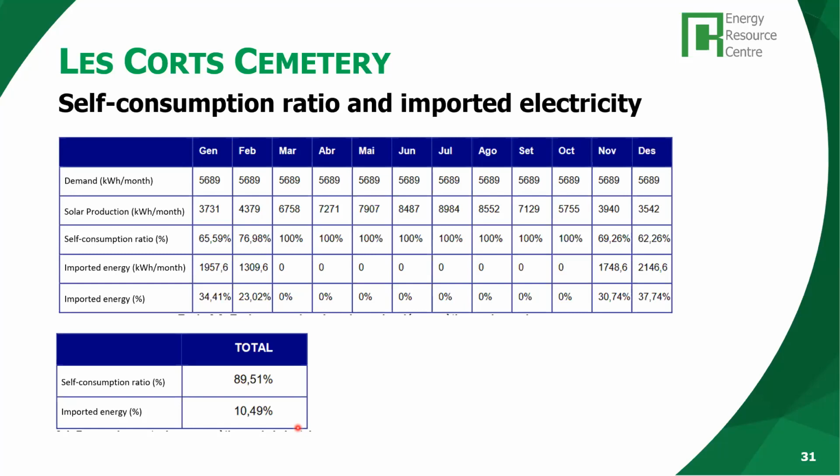So colleagues in the room from EDM, from Mirem, Funai, of course AREN, and the private sector, you see, with a solution like this, in the end, you reduce the consumption from the grid to just 10 or 8%.